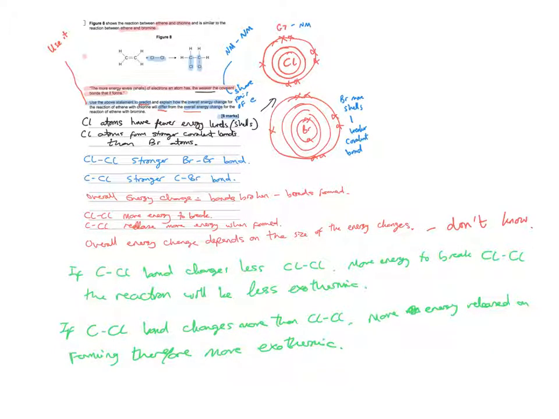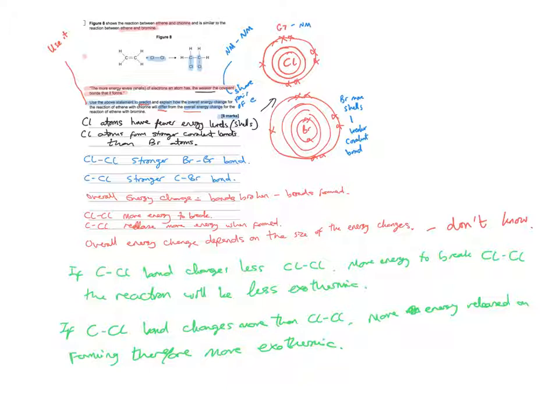Okay, let's just review what we've done. First step, we went through the question, we understood we had to use a statement. We then started with drawing the electron configuration and linking it to the statement. We then tried to apply it to the example we're given with the bonding. The only part of actual information I had to use was that bond breaking is endothermic and bond forming is exothermic.